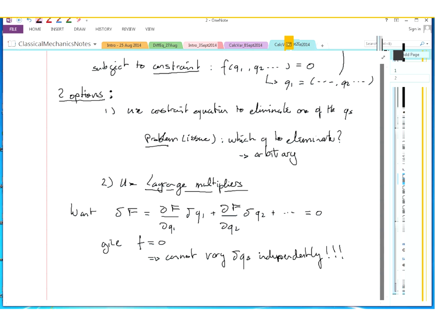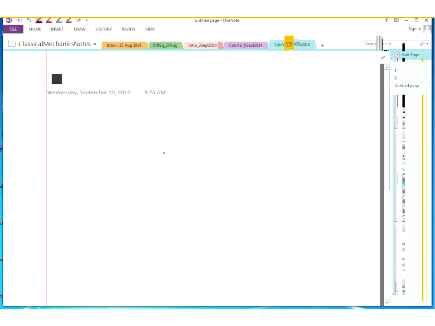New page, 3. So what we do is, remember we had delta F, which was that sum of terms, equals 0. Since F equals 0, that also means that delta F equals 0.